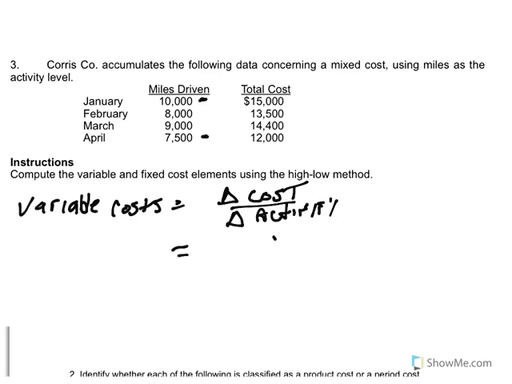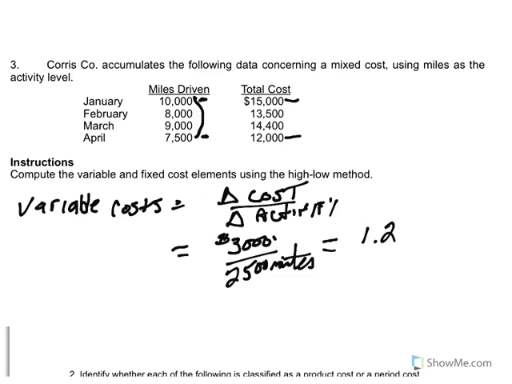Now, the change in cost, $15,000 minus $12,000, would be $3,000. And the change in activity, this minus this, would be 2,500 miles. Therefore, the variable cost is $1.20 per mile.